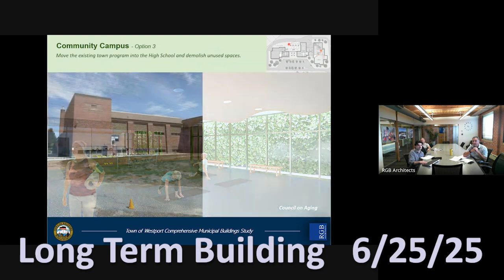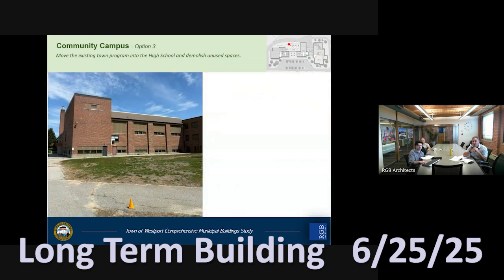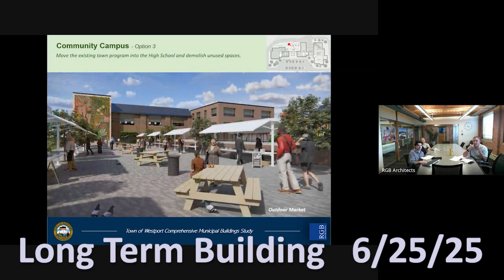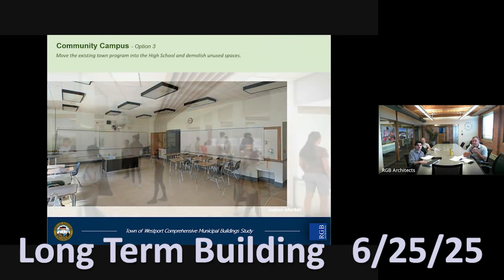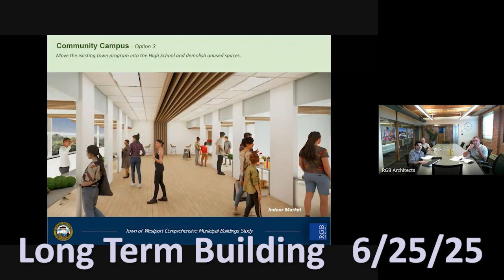All right. The back of the school, the potential to have an outdoor farmer's market, indoor and outdoor garden, depending on how it can be used. The existing classroom, how it might be set up.